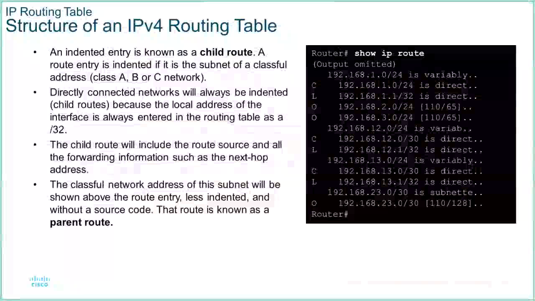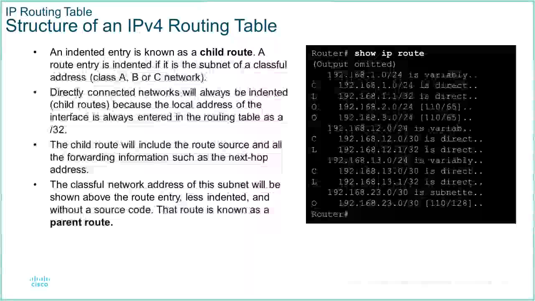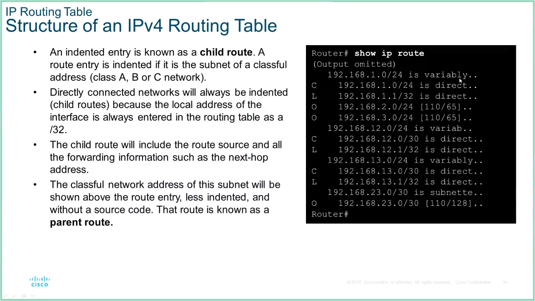So here we have the list, and you can see here that we have the parent 192.168.10.0/24, and it's saying it's variably subnetted. In other words, it's got subnets that are broken up underneath it.